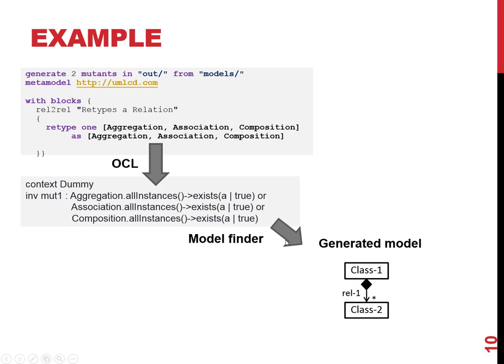Then this OCL is loaded into the model finder along with the corresponding OCL of the UML class diagram meta model. And here we present an example of a generated model. This model has a composition object, thus this mutation operator will be applicable over this generated model.